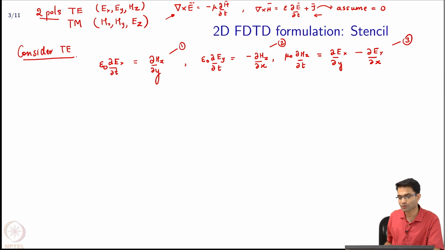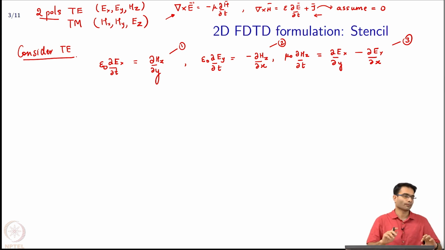Okay. So, now we want to, before I sort of lay it out for you, let us try to design this. My variables are Ex, Ey, Hz, and they have to be discretized in space and time. Okay. I have seen that the discretization scheme needs me to know E at different points in space, different points in time, right.